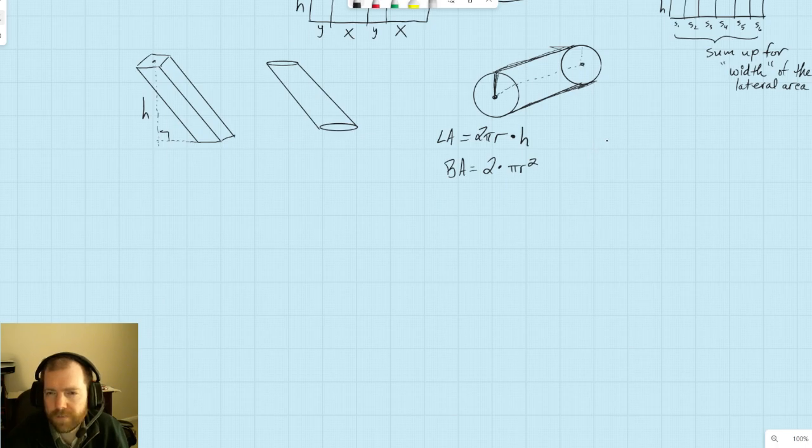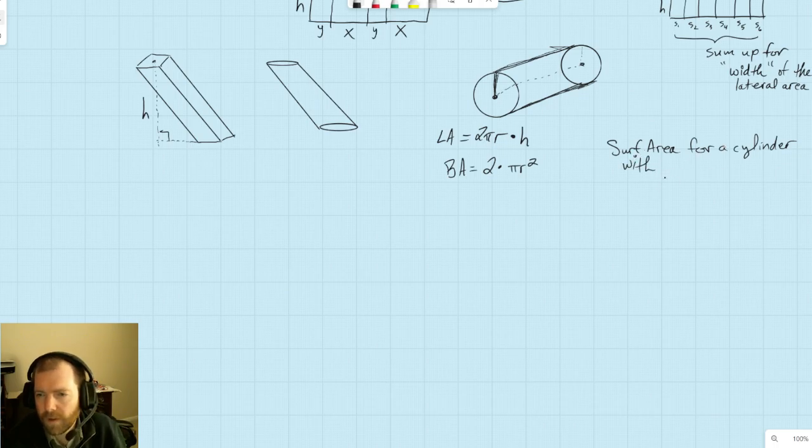All right, try this. The surface area for a cylinder with radius 10 centimeters is 800 pi square centimeters.